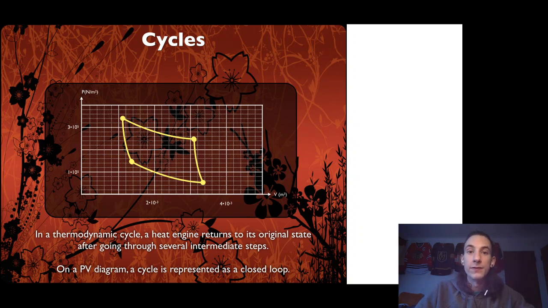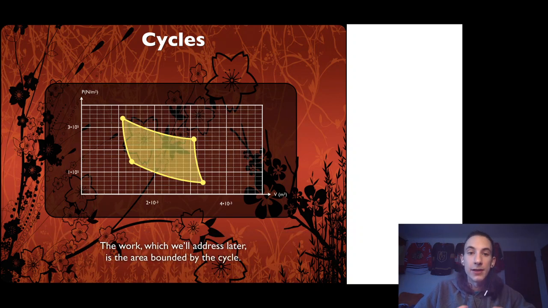Each little point on here represents a state. It represents a specified pressure, a specified volume, a specified amount of moles, and then we could calculate the temperature using PV equals nRT. We can go through many different states, and if we end up at our original state, that's a cycle. And then we can look at the area bounded, which we'll talk about in a second.